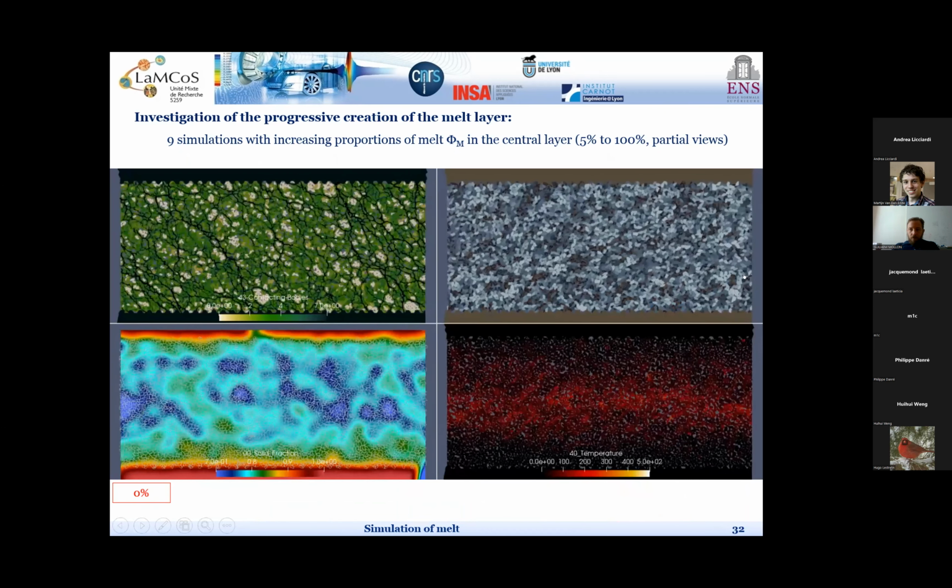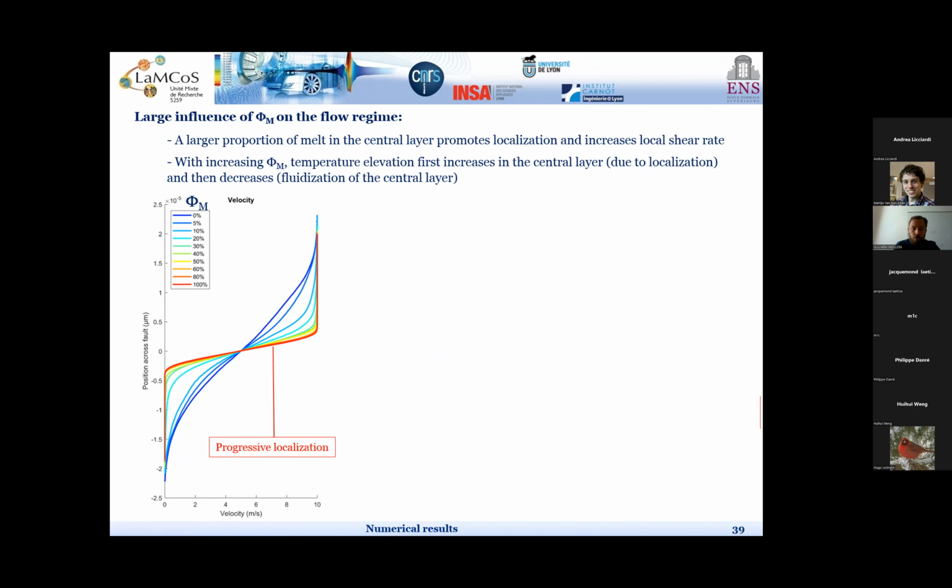There is also what we observed a few slides before. There is also an effect on the shear profile. We see that when we increase the proportion of melt, we have a progressive localization of the velocity field, and the velocity field gets more and more narrow when we increase the proportion of molten grains.